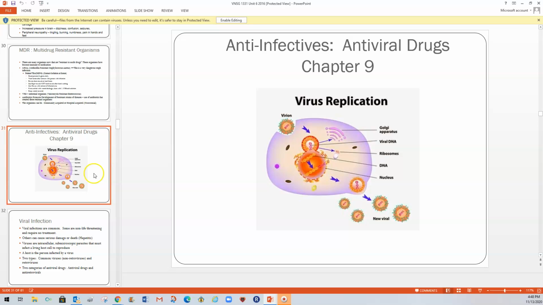Chapter 9 is anti-infectives, antiviral drugs. Make sure you know all of the terms and categories. Understand tetracycline can raise intracranial pressure. Aminoglycosides: know the side effects.